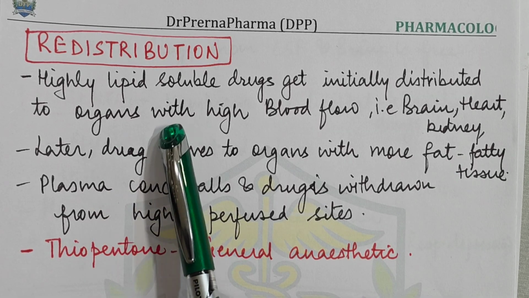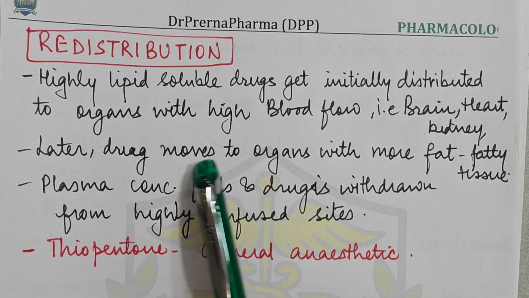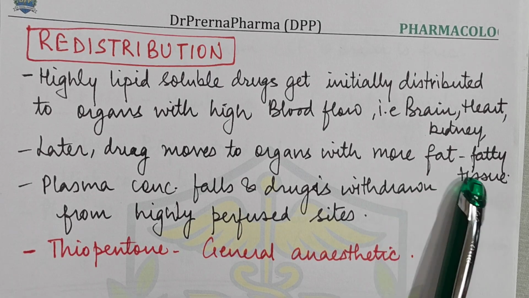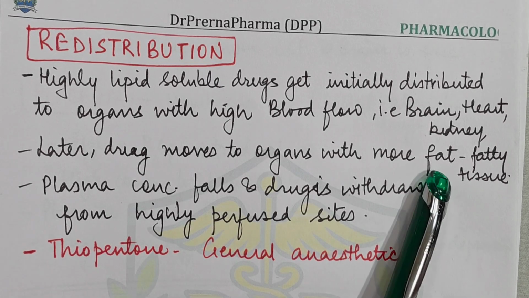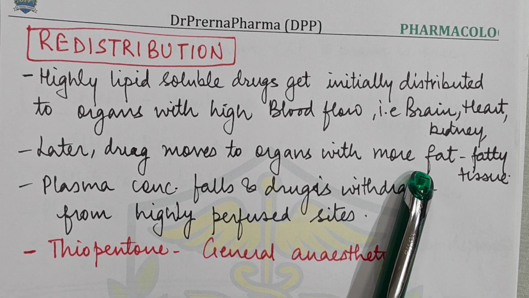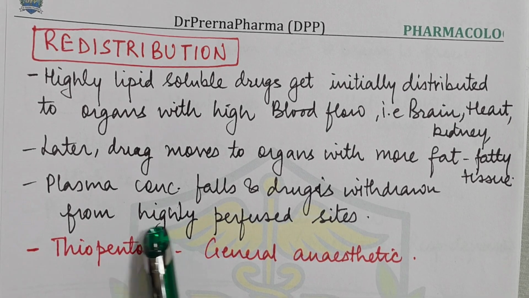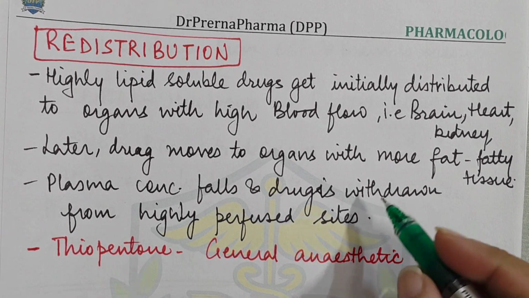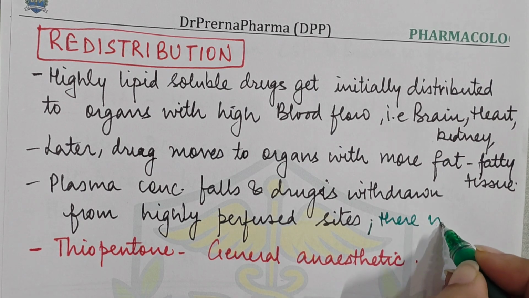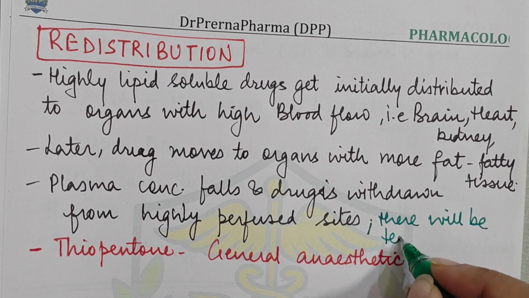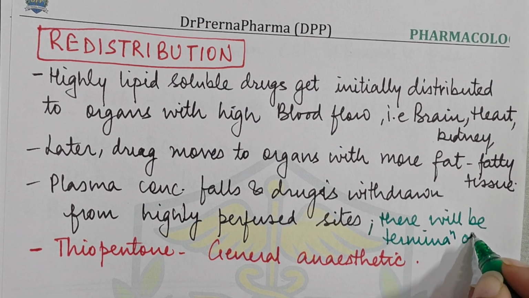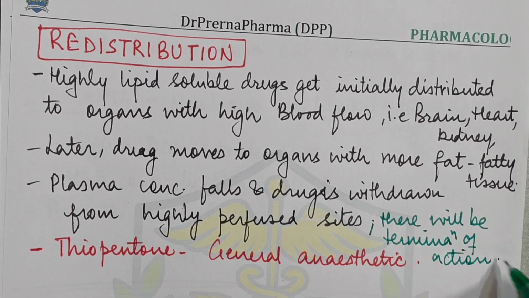So the drug slowly moves towards fat if it is highly lipid soluble. That is redistribution. As a result, the plasma concentration will fall, and as the drug is drawn from highly perfused sites, there will be termination of action in the area where it was supposed to work.